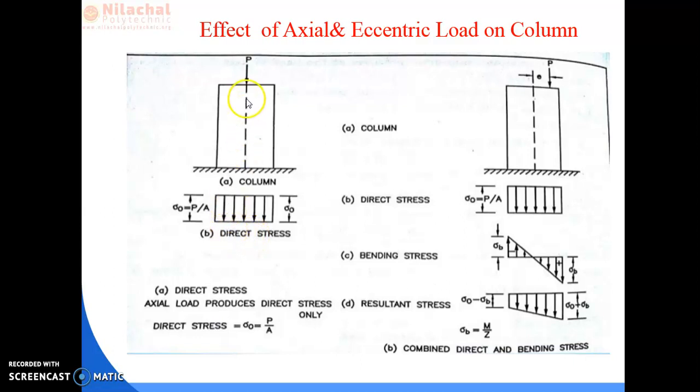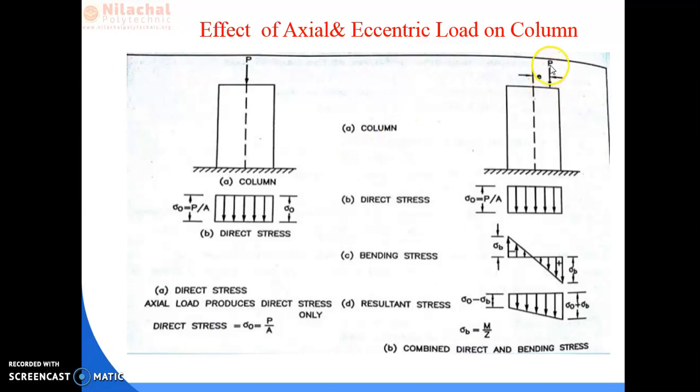The direct stress can also be known as axial stress, and that is equal to P by A. It is denoted by the symbol sigma O. From the stress distribution figure, all the lines are parallel and straight, and it is known as the stress distribution for a direct stress.